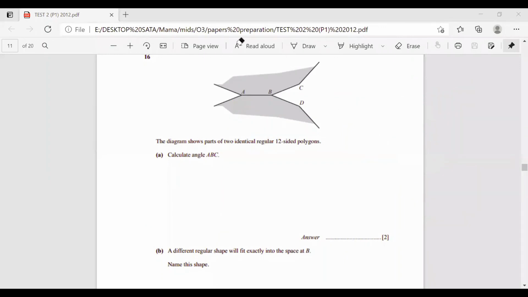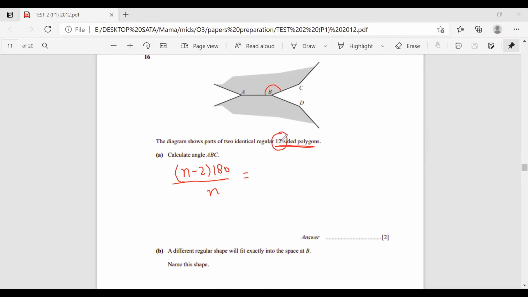Question number 16 says, the diagram shows a part of two identical regular 12-sided polygons. That means it is a 12-sided polygon. Calculate angle ABC. That means you have to calculate this angle. To calculate the interior angle of any shape, you can simply use the formula (n minus 2) times 180 divided by n, where n is the number of sides of a polygon.